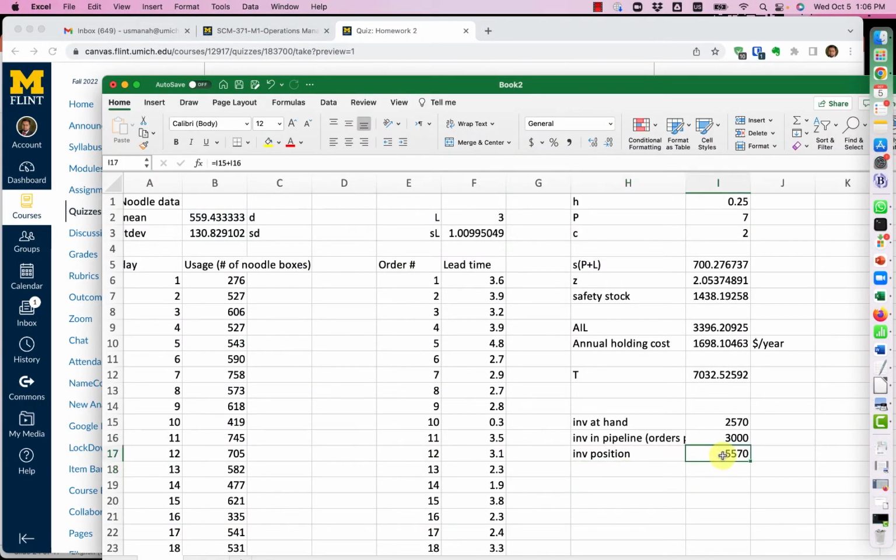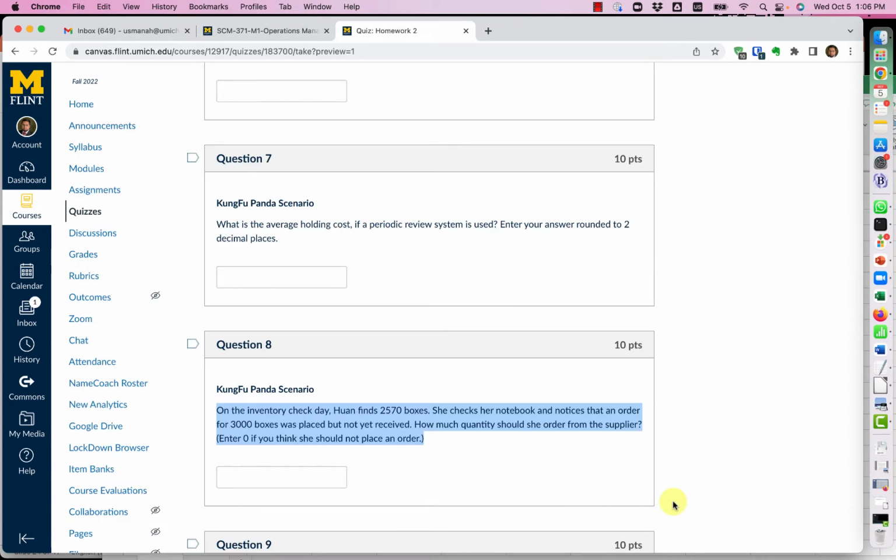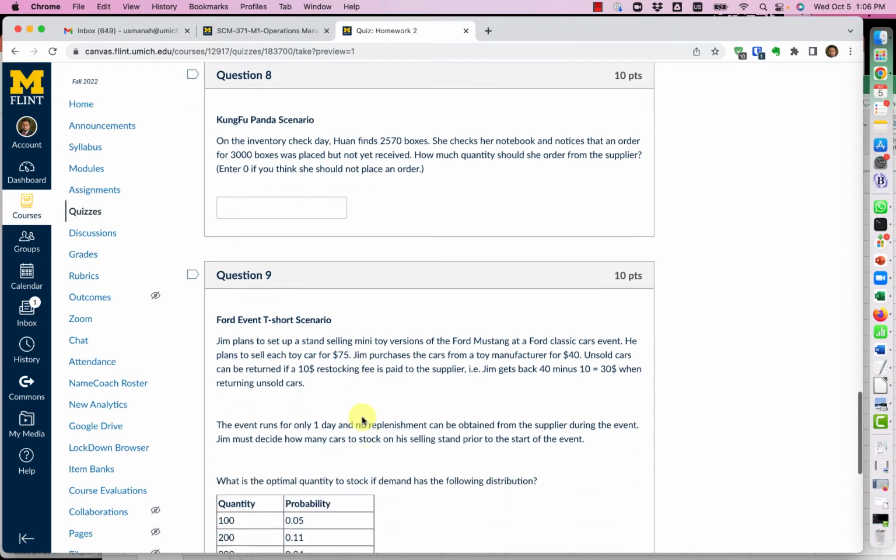You'll order to take the inventory position up to T. So the difference between T and the inventory position is how much to order. The order quantity will just be the target level T minus the inventory position. That's 1462.5, or 1463 to the nearest integer. And that's it for the scenario.